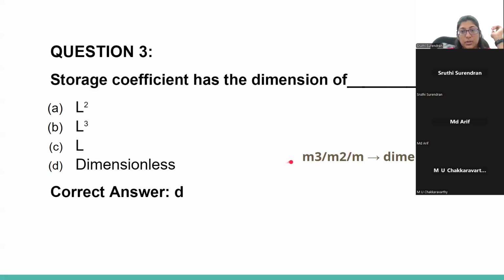So when you cancel out the units, ultimately the quantity is going to be a dimensionless quantity. This storage coefficient or storativity is also a very important concept that is covered in this week's lecture. So we'll have a couple of questions associated with that also.